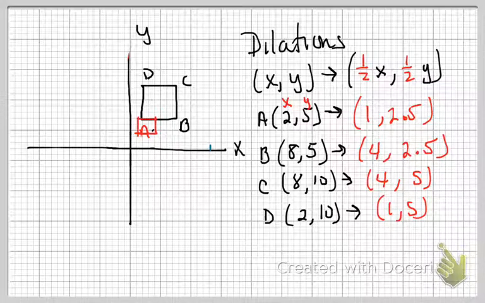And you can see that the red shape is like half the size of the other one. It just shows you how it could work. This one is 1, 2 and a half. Okay? So that's how you do the dilation.